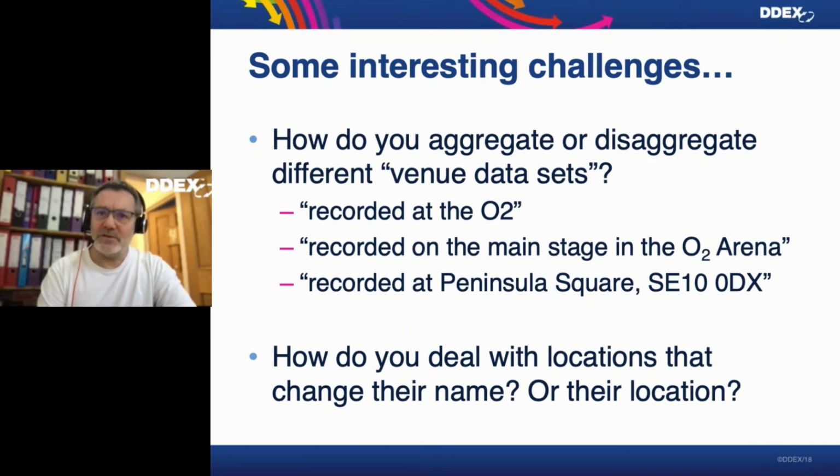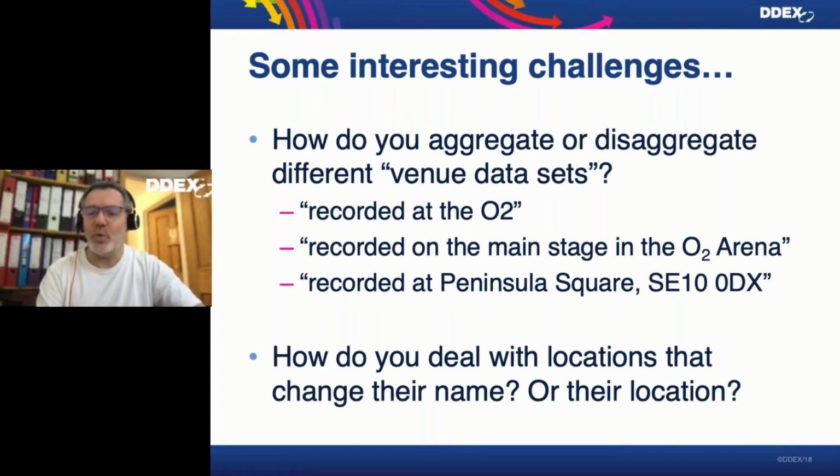Because sometimes, and we've seen that with the O2 already, some locations change their name. It used to be the Millennium Dome, now it's the O2. On its own, the AI will not be able to deal with that unless it knows that the O2 is at the same address as the Millennium Dome. But I'm not sure that the street may not actually have changed its name as well during the time at that location.